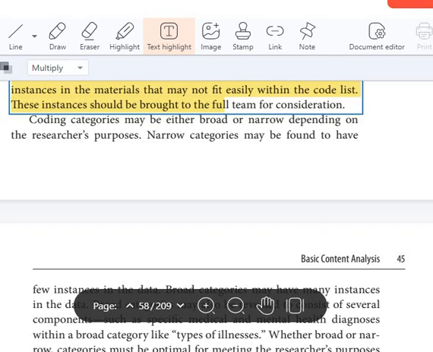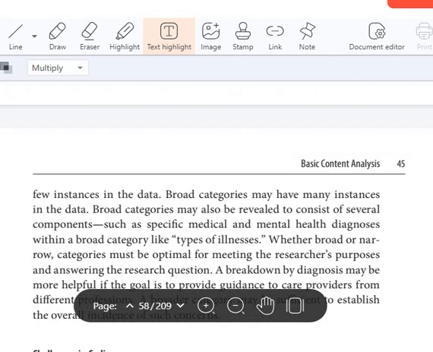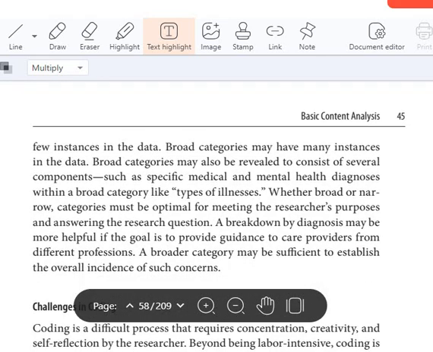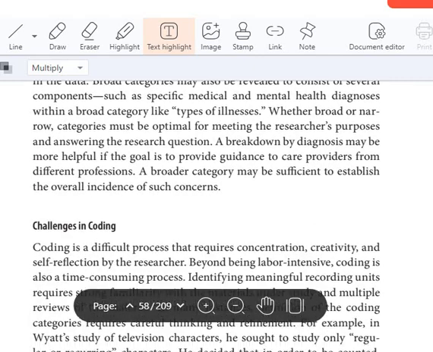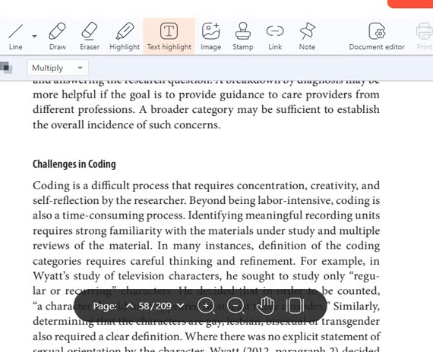Narrow categories may be found to have a few instances in the data. Broad categories may have many instances in the data. Broad categories may also be revealed to consist of several components, such as specific medical or mental health diagnoses within a broad category, like types of illnesses. Here you know more about the broad and the narrow ones.